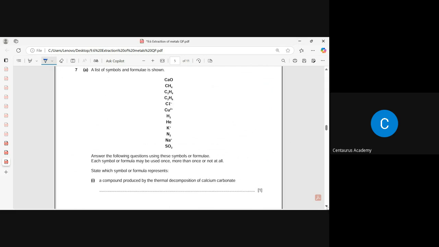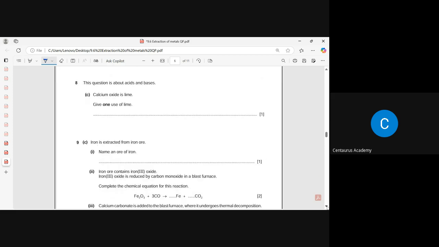Then the next question says, this question is about acids and bases. Calcium oxide is lime. One use of lime. Can you answer this question?